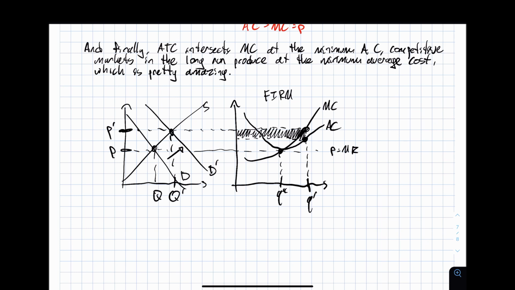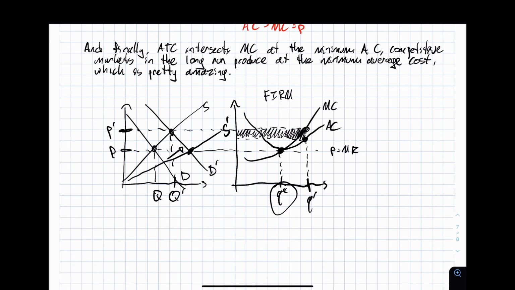But what happens with a positive profit is firms enter. And when firms enter, that shifts the supply curve out. And the only point where firms will stop entering is when the supply curve leads us back to our original price. And at our original price, we end up back at our original quantity for the firm.